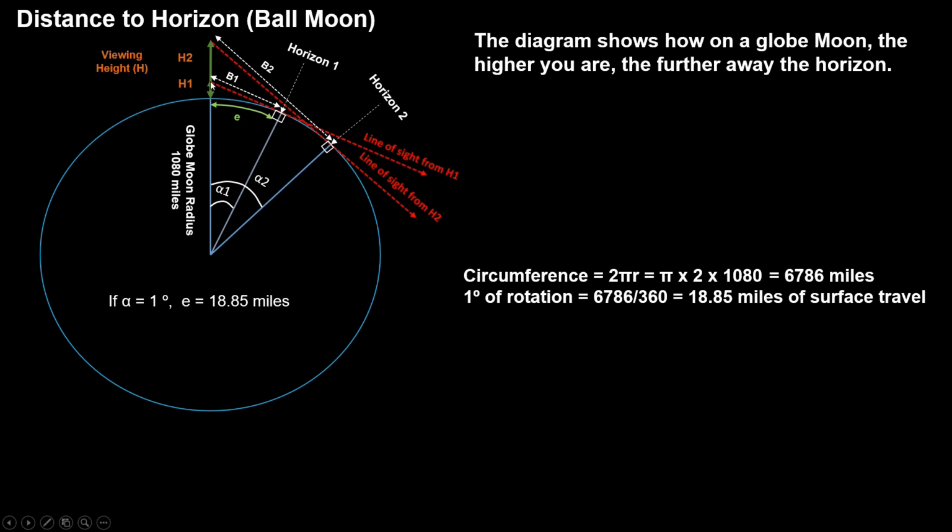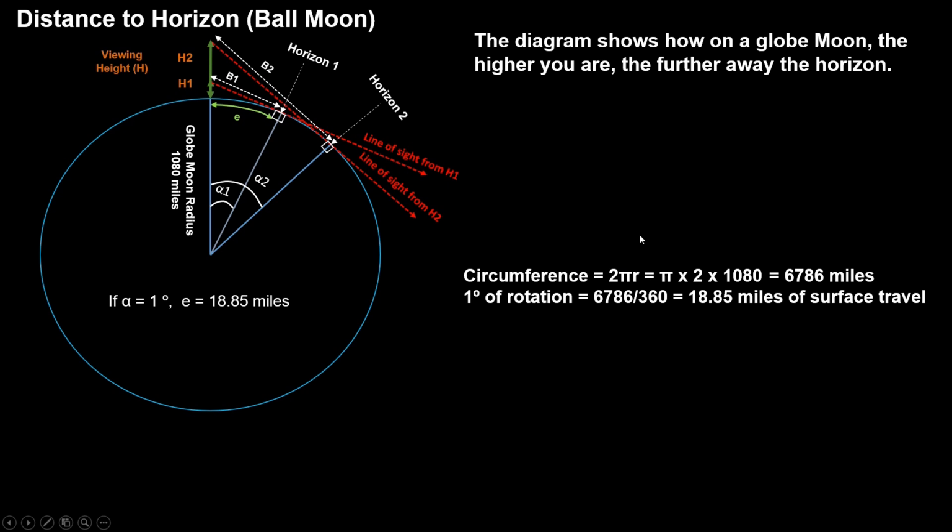Now by taking the square of the hypotenuse and taking away the square of the adjacent and square rooting it, we will get b1. And this is the Pythagorean theorem basically. Trigonometry, very, very simple maths really. And if we look here for h2, we've got an even bigger right angled triangle, and the same applies.